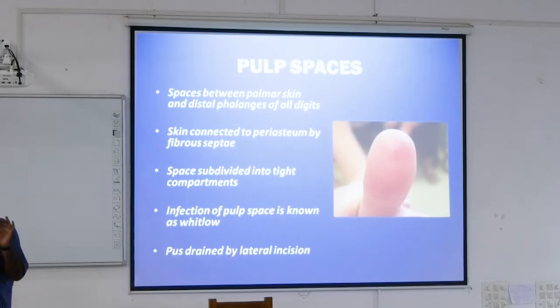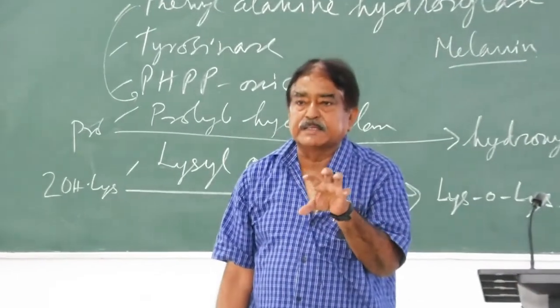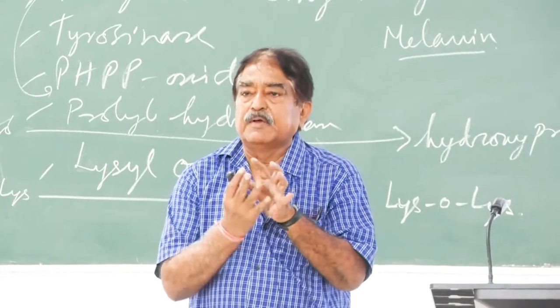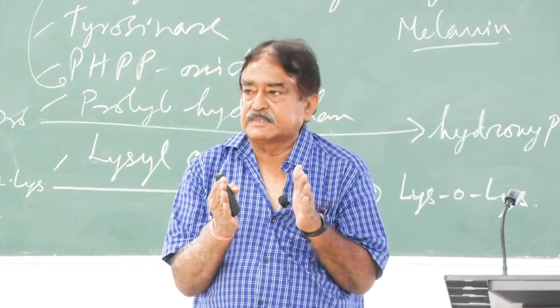Now it is a very painful condition. You give antibiotic, analgesic, everything, but yet it is very, very painful. And you can feel and see that the aponeurosis and the fascia, the septa, make tight compartments.